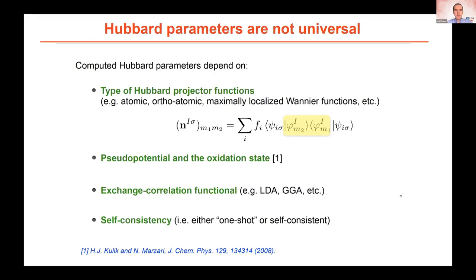And the self-consistency, I will discuss this later in my talk, but essentially you can determine the Hubbard U parameter in one-shot fashion or self-consistently. So I will explain it later. So let's keep it for later. So you see there are already many factors that influence the value of the Hubbard U parameter. So it's not really universal. It's really system dependent. It depends on which methods you use, which Hubbard projectors, which pseudopotentials, which functional, etc.